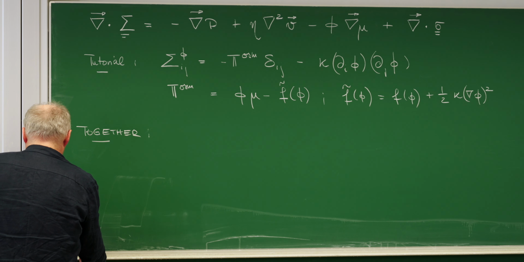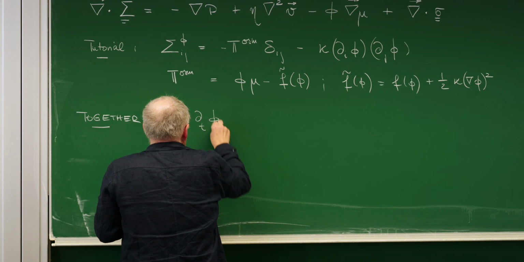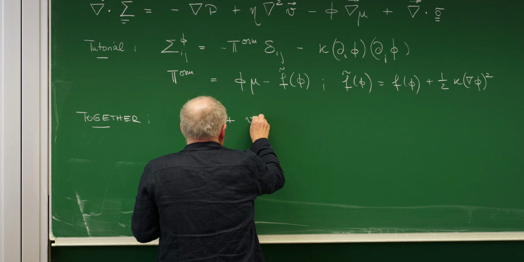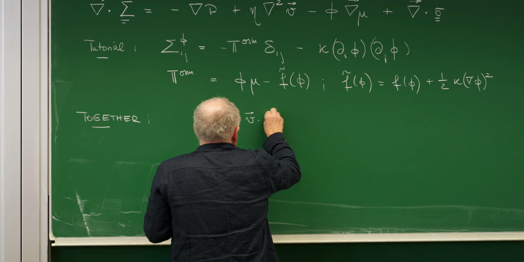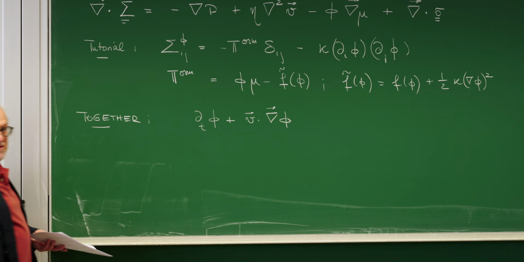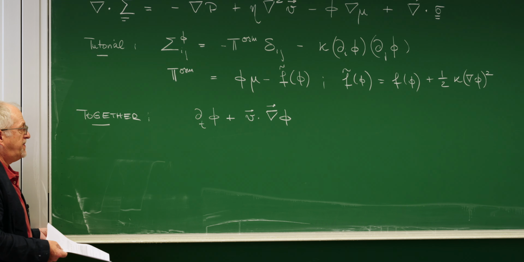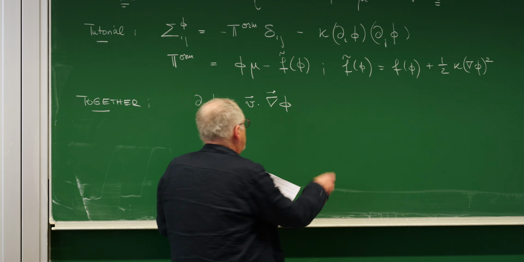we do get the following equation for model A, d_t phi plus v grad phi, meaning the time change of the density field is an advection term. That's here on the left-hand side.